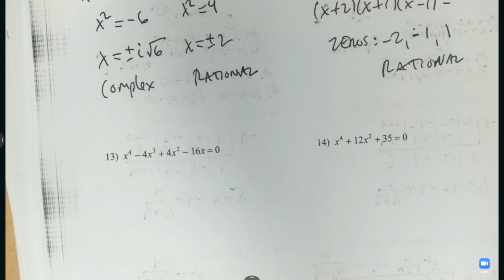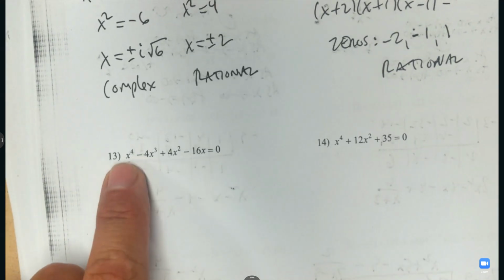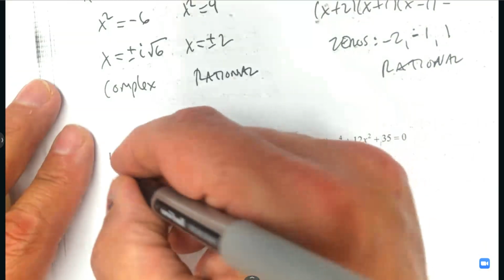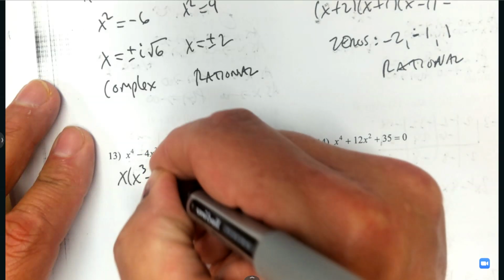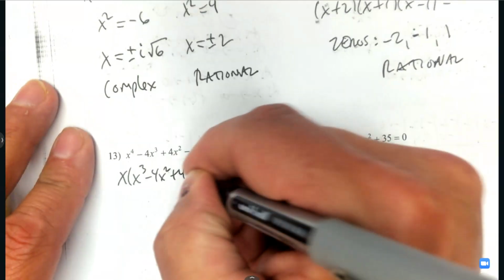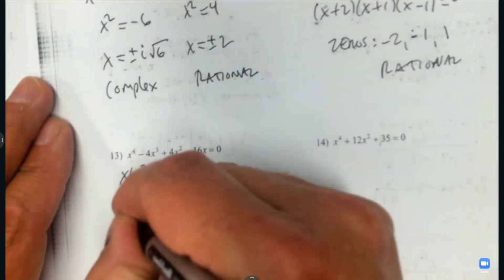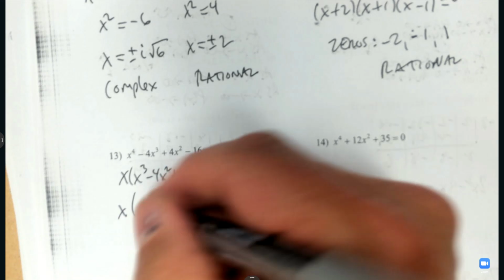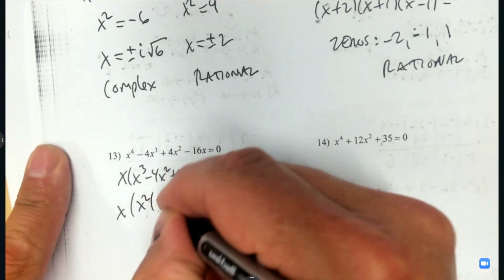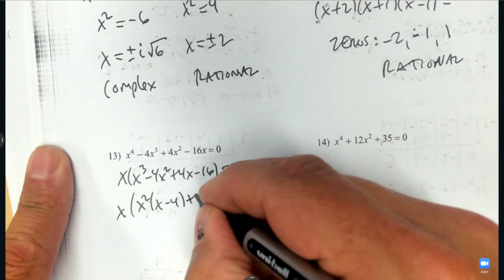Number 13, again, we're going to factor out first. I'm going to factor out a common factor. They all have an x, so we factor that out first. And then after you factor out an x, then you can factor by grouping inside. So the first thing I notice is x squared, then positive 4.